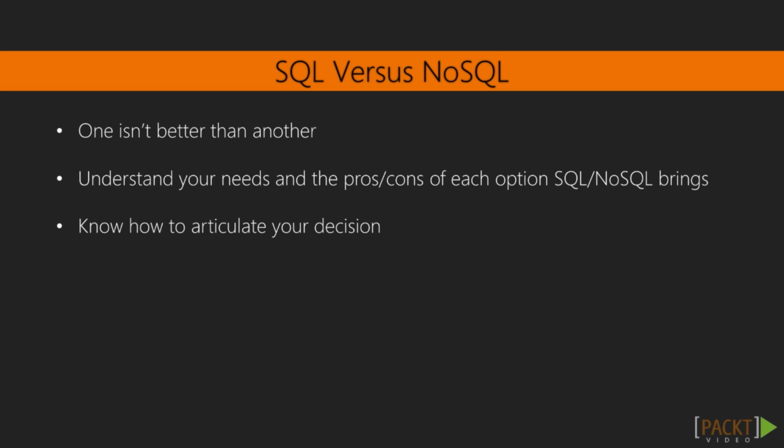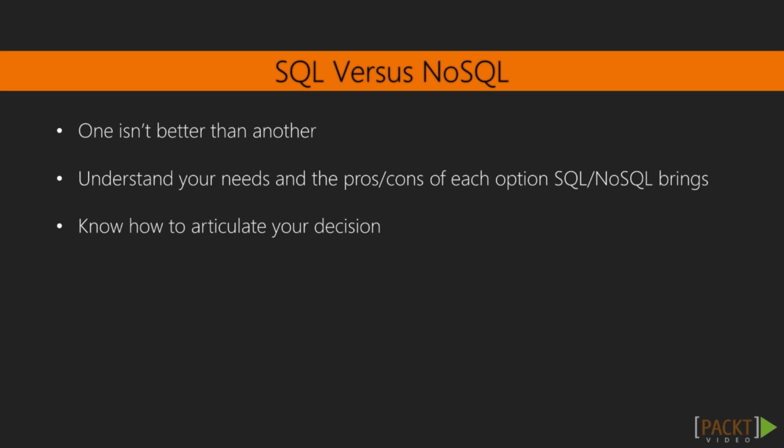You need to understand the pros and cons of each option, whether you're using a relational database system or a NoSQL system, what benefits each brings and what the cons of each are, and then assess that compared to what your architecture requires. And on top of that, not only be able to understand that, but also be able to articulate why you would prefer one over the other.